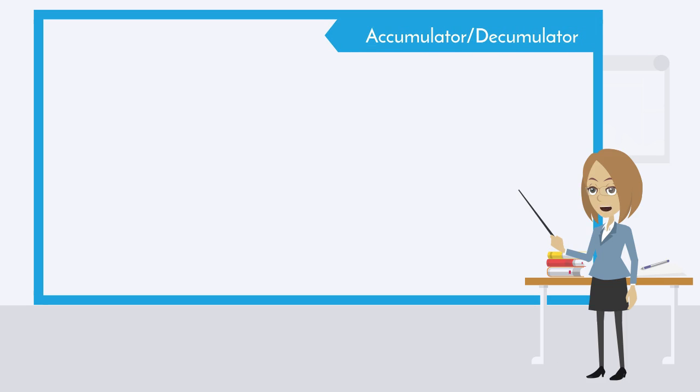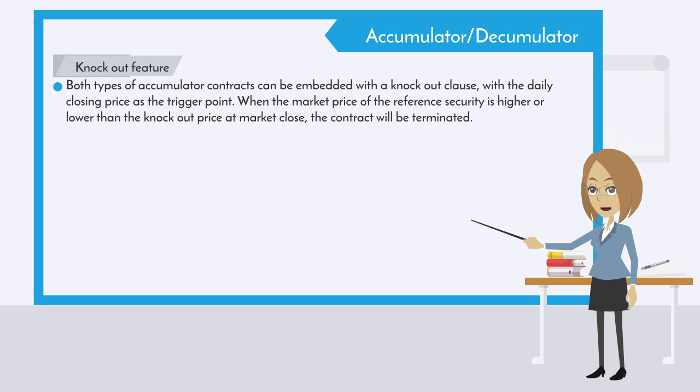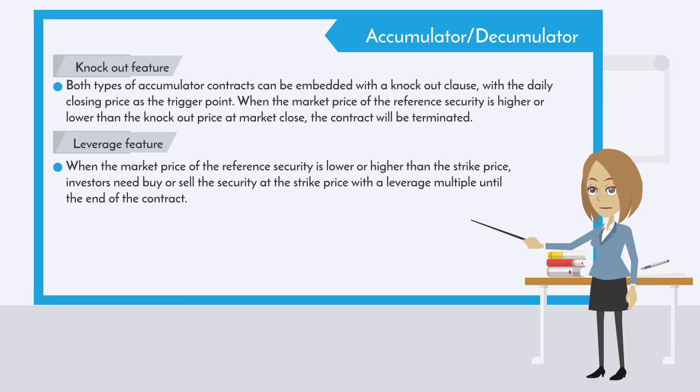Investors need to pay attention to the following three special terms. First, knockout feature. Both types of accumulator contracts can be embedded with the knockout clause, with the daily closing price as the trigger point. When the market price of the reference security is higher or lower than the knockout price at market close, the contract will be terminated. Second, leverage feature.